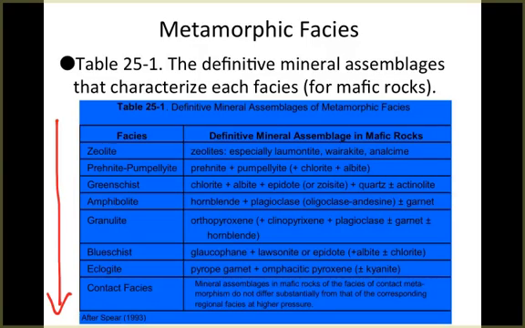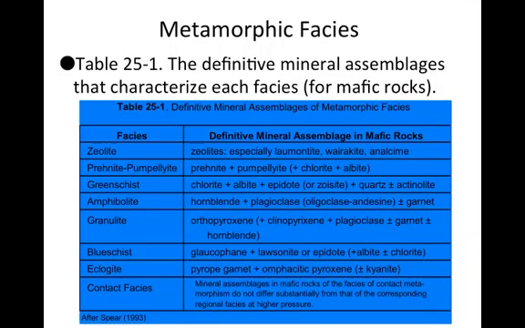And what you should notice are more iron and magnesium and calcium bearing minerals showing up. So orthopyroxene, clinopyroxenes, calcium plagioclases, garnets, hornblendes. So the assemblages that we get will look quite different.